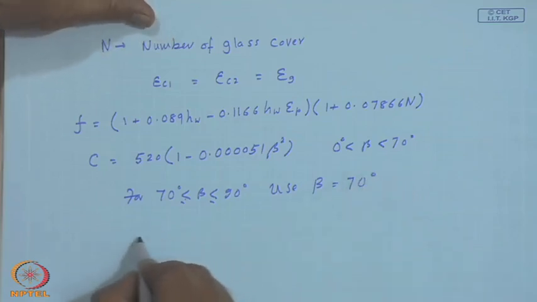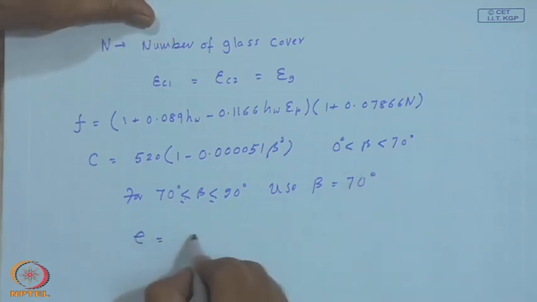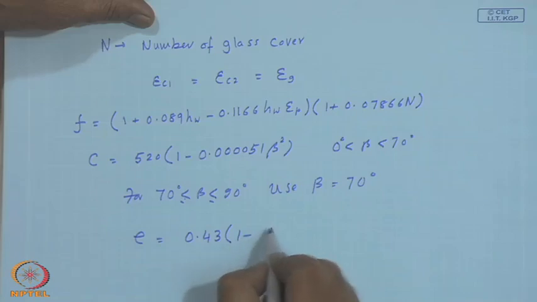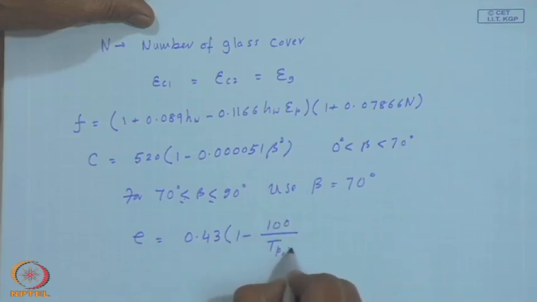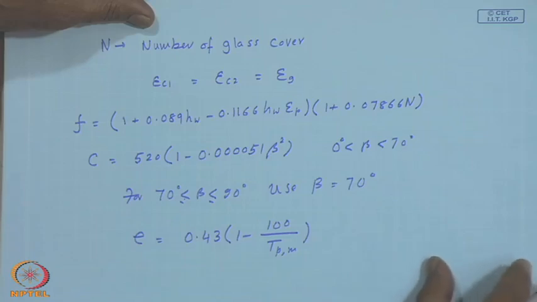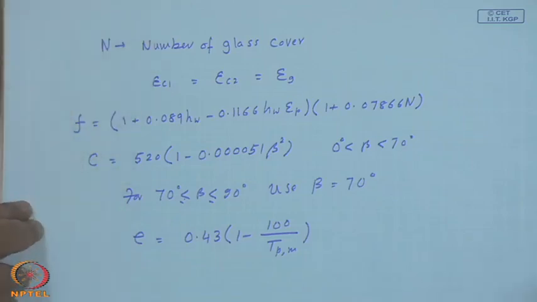Then E is 0.43 into 1 minus 100 by TPM. Beta of course is the tilt in degrees.